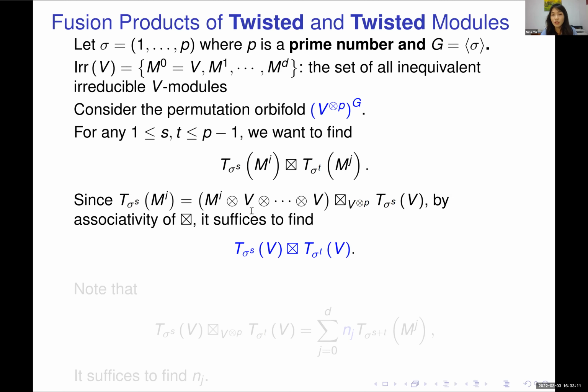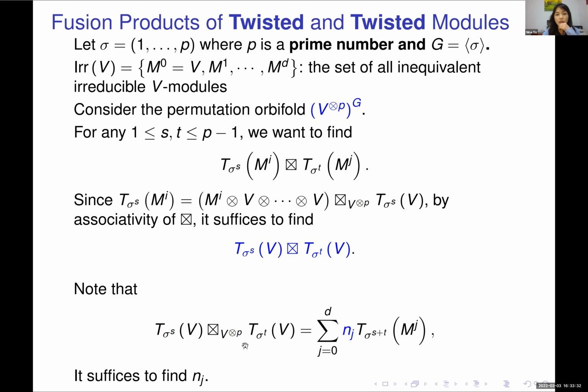By associativity of the tensor product, which we already proved, to find out this one, we only need to find out the tensor product of T_sigma^S(B) and T_sigma^T(B) here.